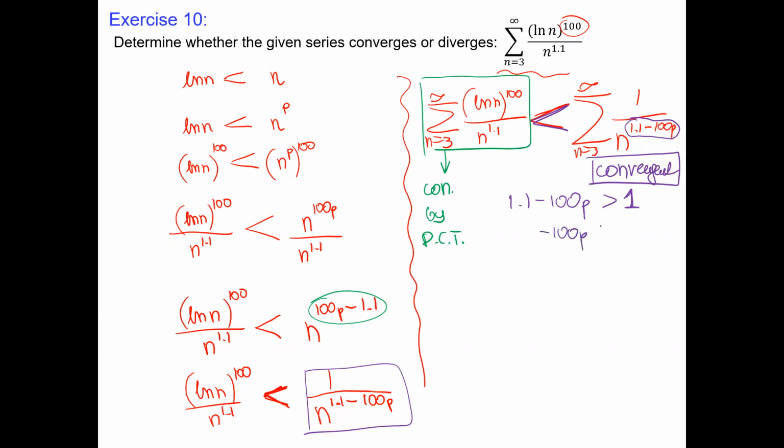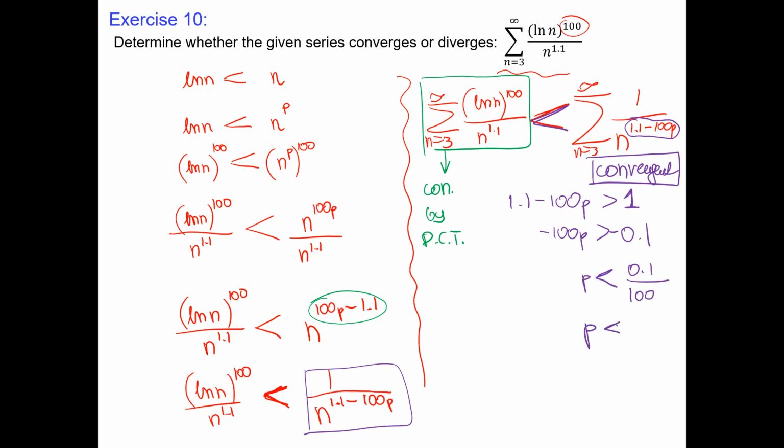But let's find out the value of p. Negative 100p, and we subtract 1.1. Negative over negative will be positive. Dividing by a negative number, we switch the inequality.